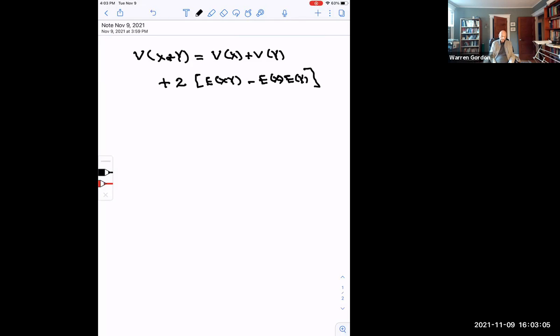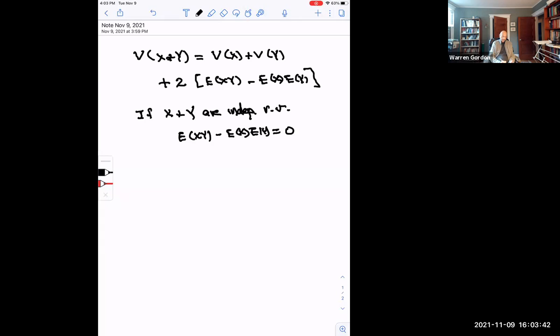We've already proved this a number of times. And we know if X and Y are independent random variables, then this expression, E of XY minus E of X E of Y, is 0.